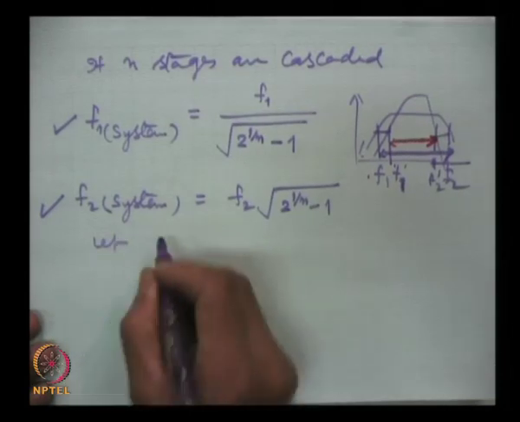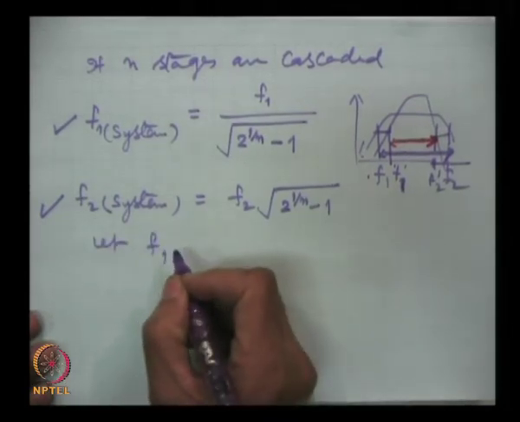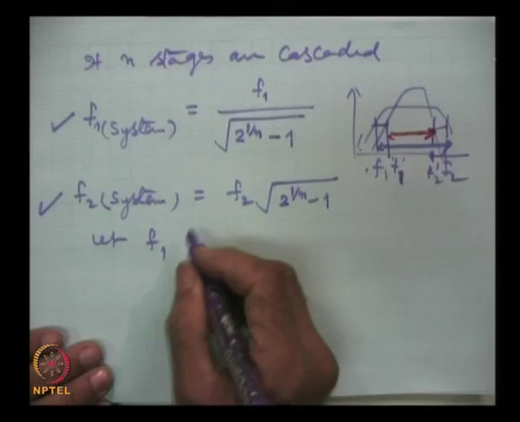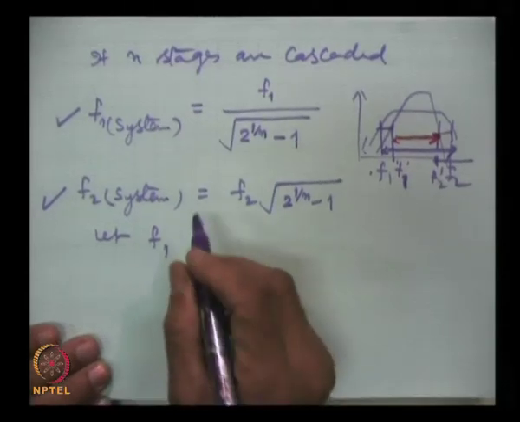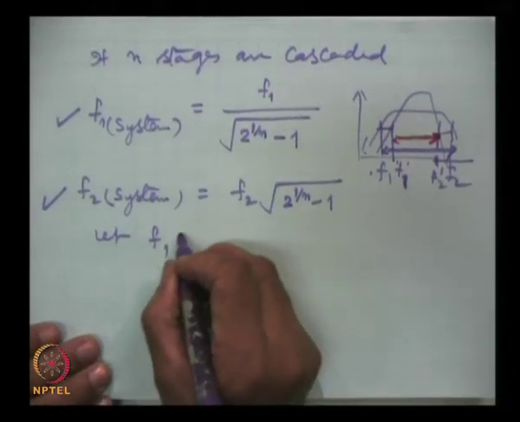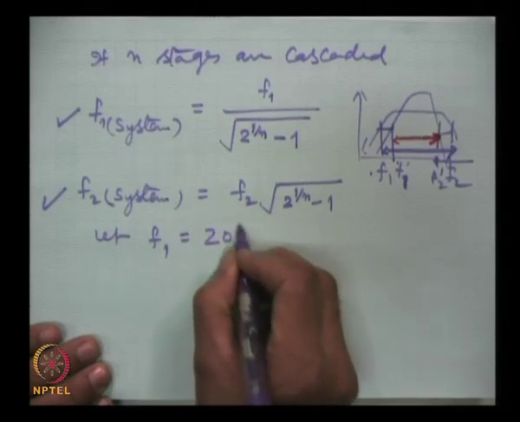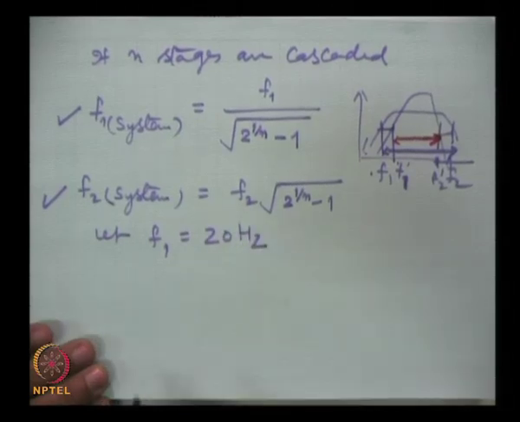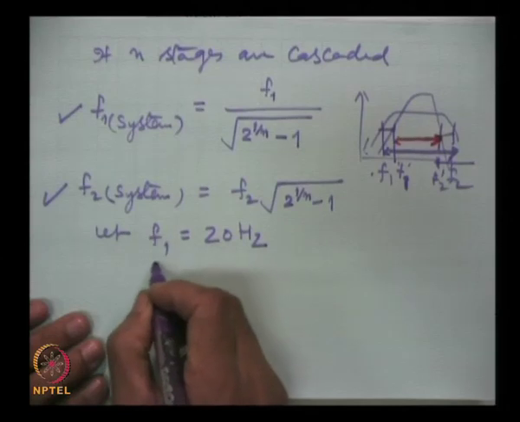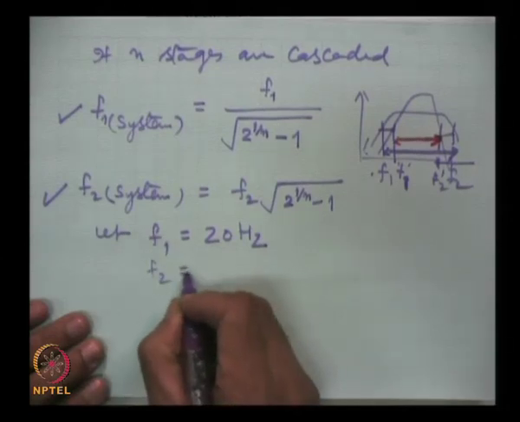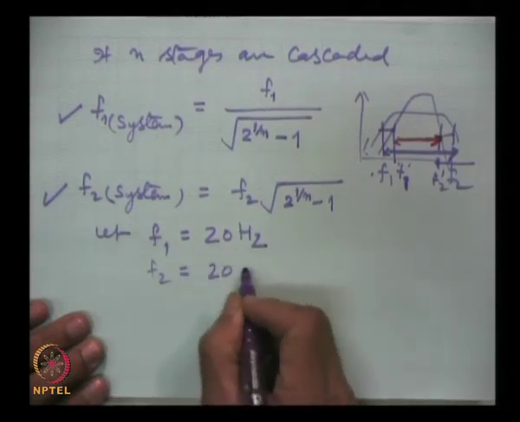We take an example. Let f1, that means the lower cutoff for the individual amplifier, be 20 hertz, and upper cutoff be 20 kilohertz.